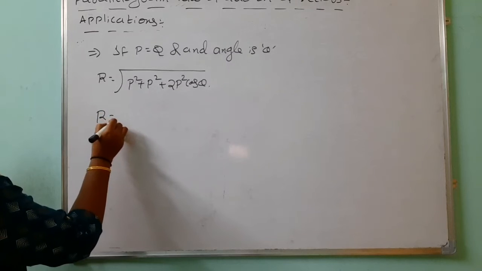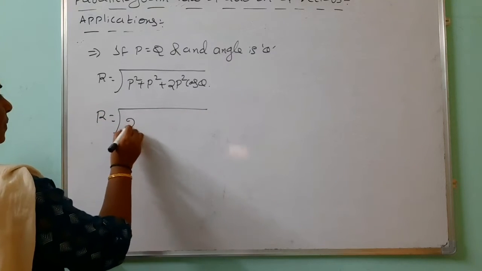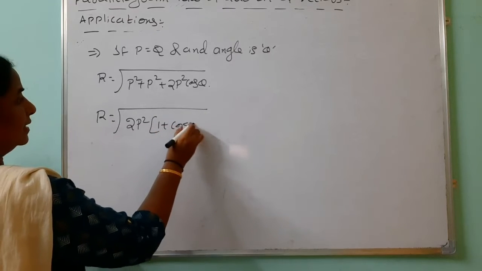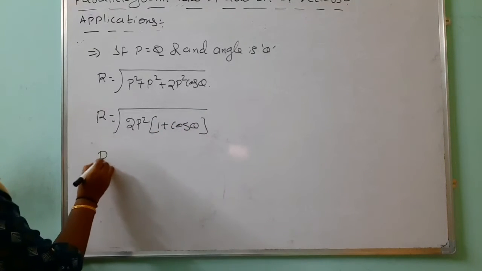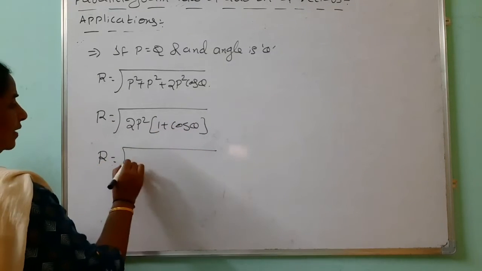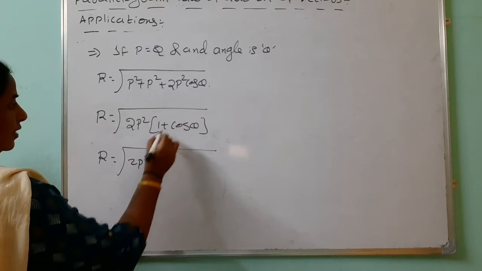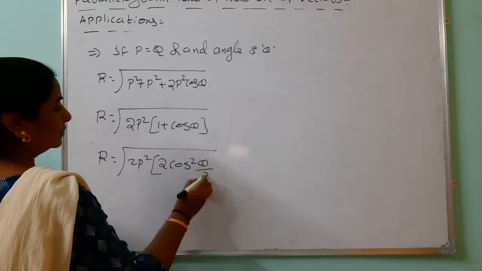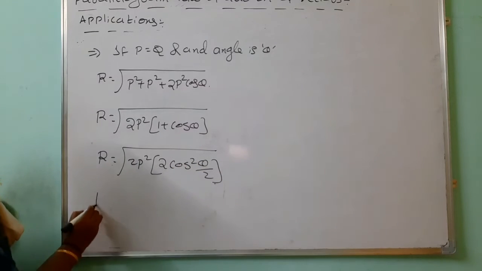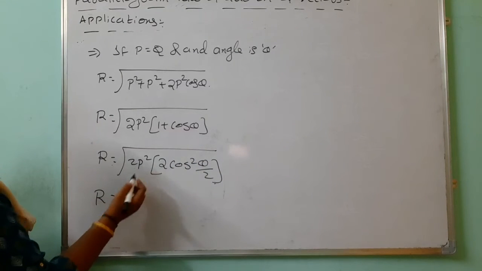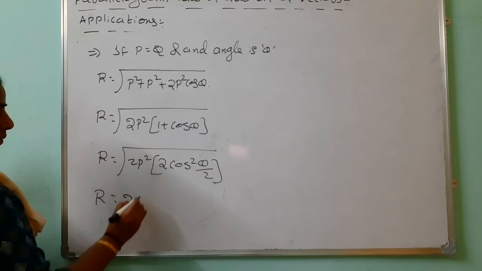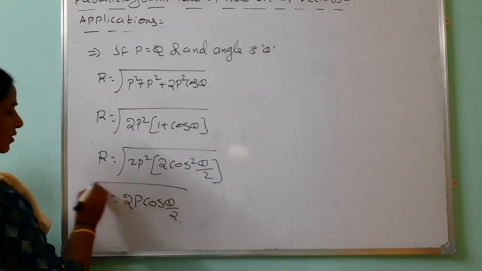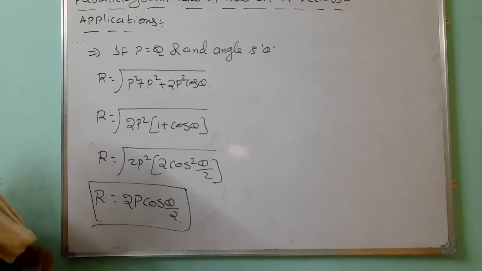Then R equals under root 2P square is common, within brackets 1 plus cos theta. Instead of 1 plus cos theta, we write 2 cos square theta by 2. Then R equals 2 into 2, 4, under root 4 is 2. R equals 2P cos theta by 2. This is also a most important application.